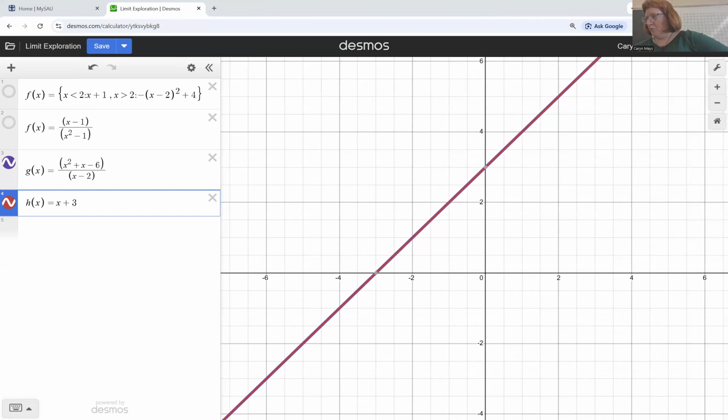So, I want to look at trying to show this really famous limit, the limit as x goes to 0 of sine of x over x is 1.